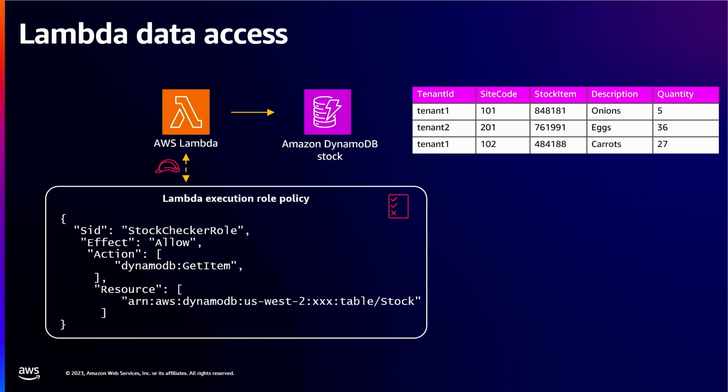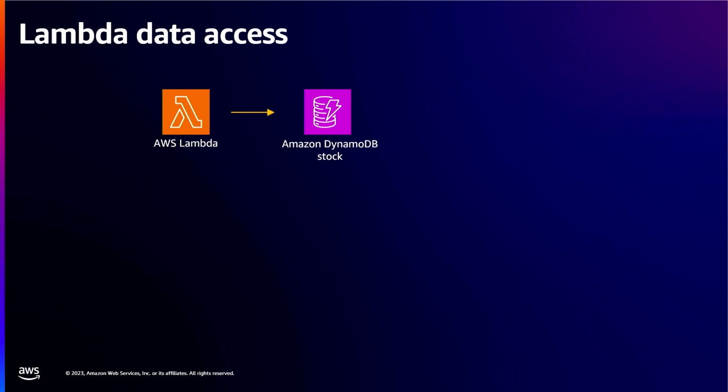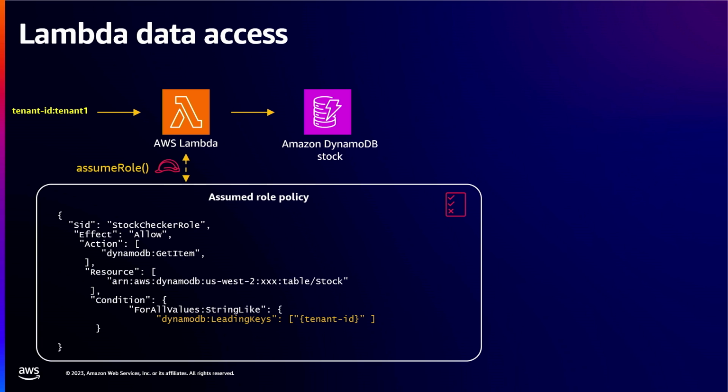So how do we solve this? How do we stop one tenant accessing another tenant's data and causing essentially a catastrophic impact to the reputation of any company? Well, we can do this by using the tenant context that was passed to us from API Gateway. We can assume a role or some temporary credentials at runtime inside the Lambda function.